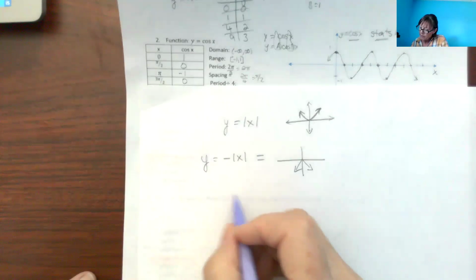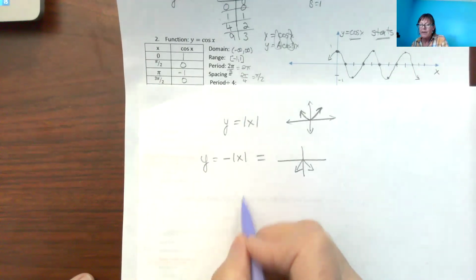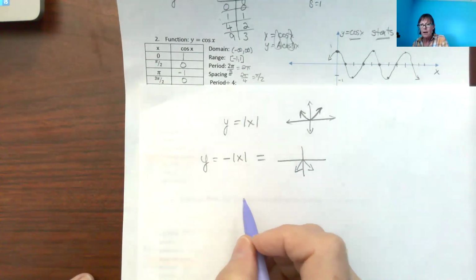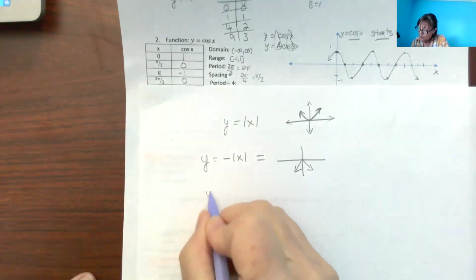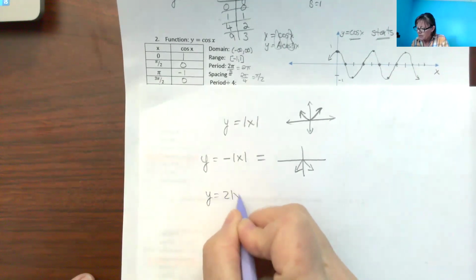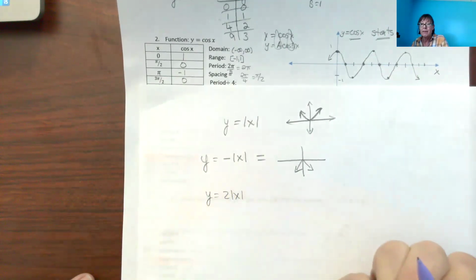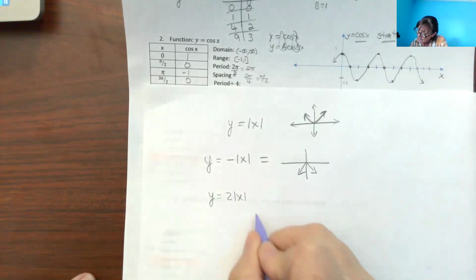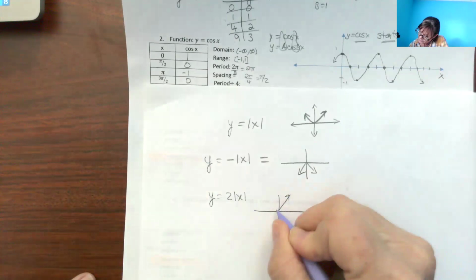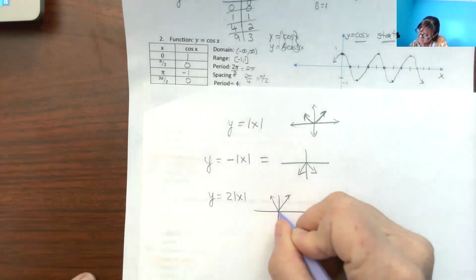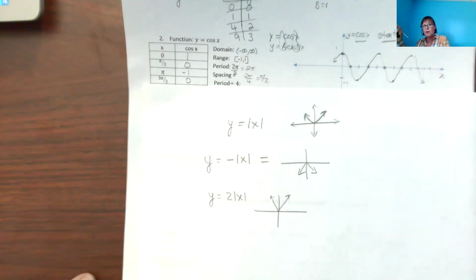Also, what if the value of a is not 1? What's that going to do to our sine and cosine graph? That's going to make it taller or squattier. So we have y equals 2 times the absolute value of x. This is if I change the a value. What that's going to do is make the slope bigger, making this V sharper.